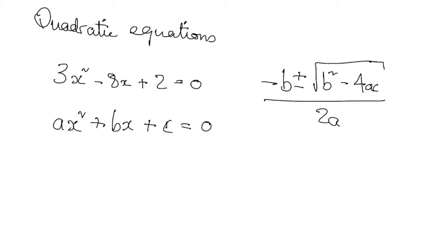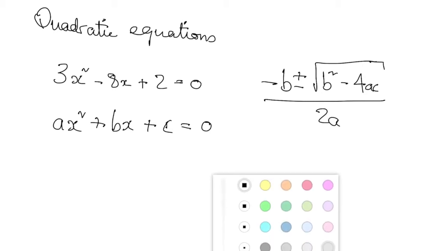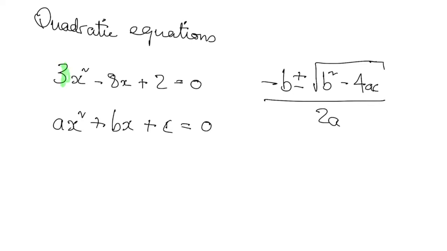We use this to be able to identify the variables a, b, and c, because a is the variable with the x squared term, b is the variable on the x term, all right, careful about the minus sign, don't forget that, and c is the number at the end of the quadratic equation.